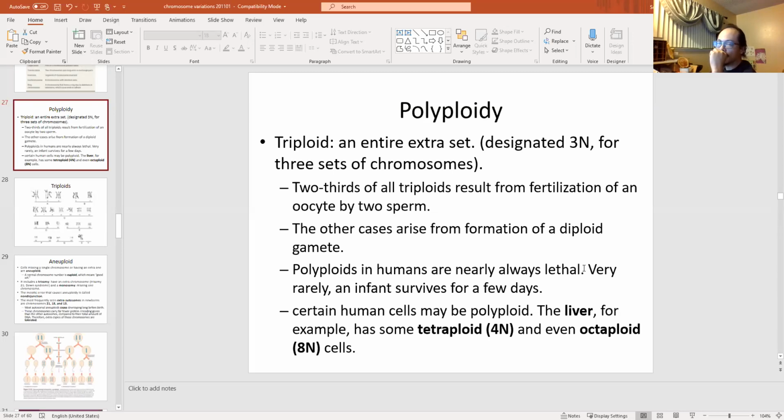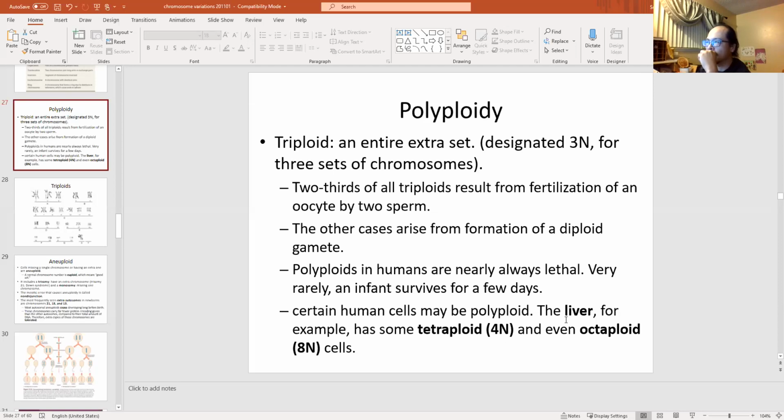Polyploidy is almost always lethal, so we don't see these get delivered. If one is delivered, it may survive only a few days. So even though this condition can happen, usually we don't see it survive. But in single cells it can be polyploid.